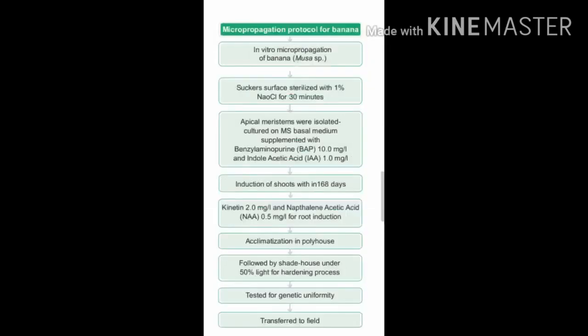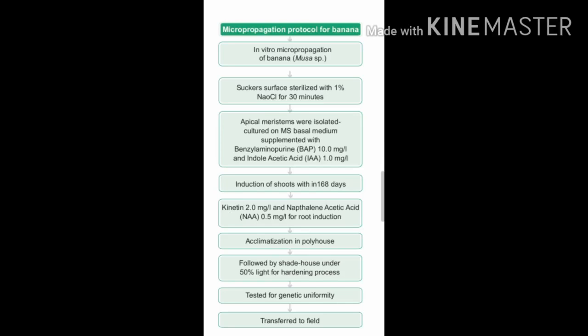Let's look into what happens in banana protocol. In vitro micropropagation of banana is taken. Sucker surface sterilized with 1% sodium chloride for 30 minutes. Apical meristems are isolated using benzyl aminopurine BAP and indoleacetic acid IAA.